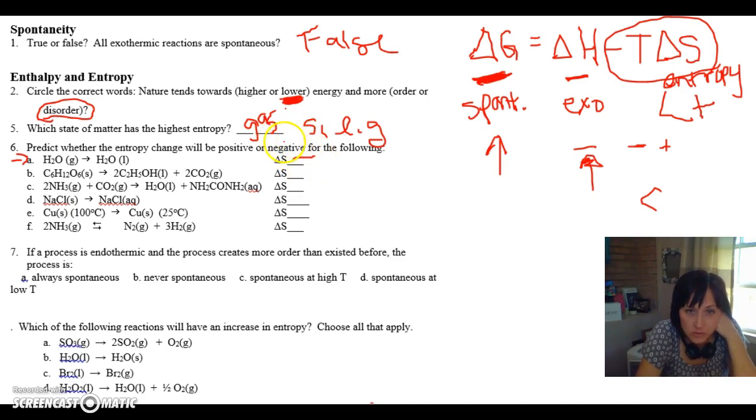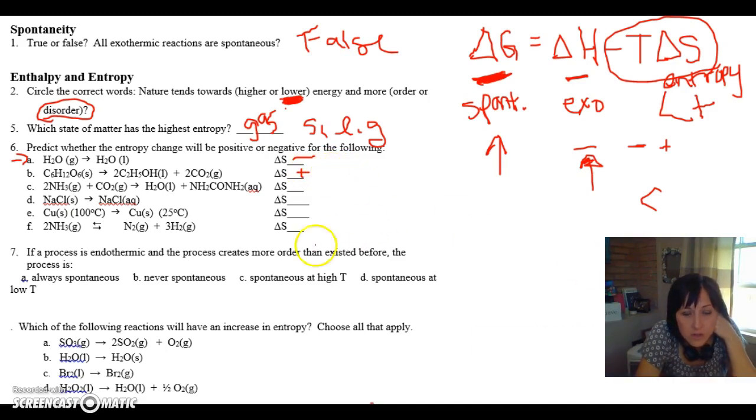Less disorder, negative. All right, so the next one, we're going from solids to liquids to gases. So it's getting more disordered. So it's going to be positive, right? Increase in entropy, increase in disorder.